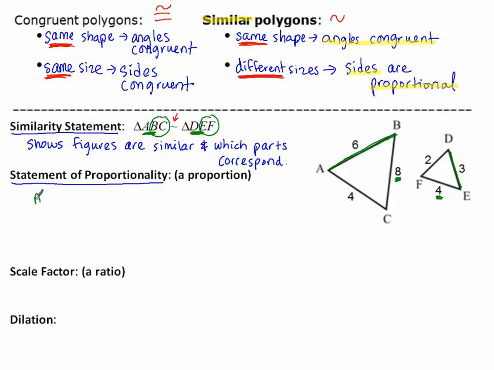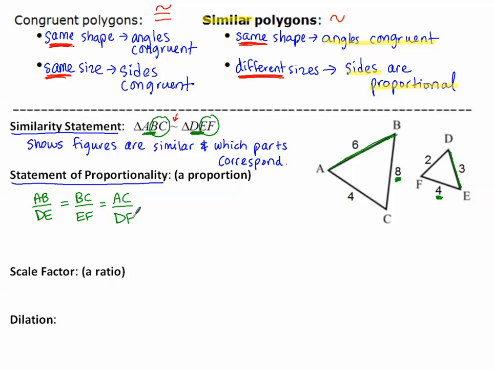AB over the corresponding side DE is equal to the ratio of the other two corresponding sides, BC over EF, and AC and DF, AC over DF.